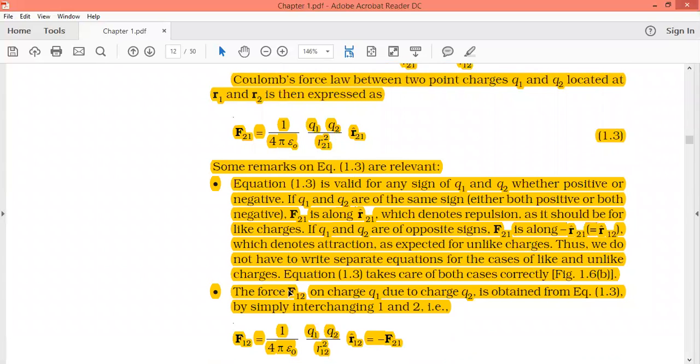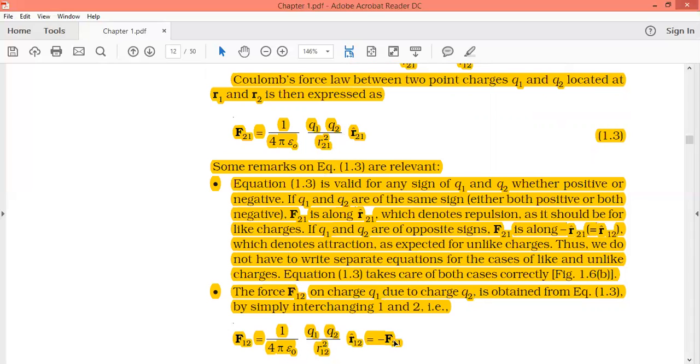Similarly, the force F12, the force on charge Q1 due to Q2, is denoted by the same formula. Wherever you have 2 1, replace it with 1 2. Interchange 1 and 2, and you get this. What is this?